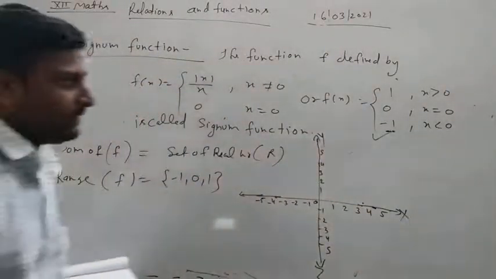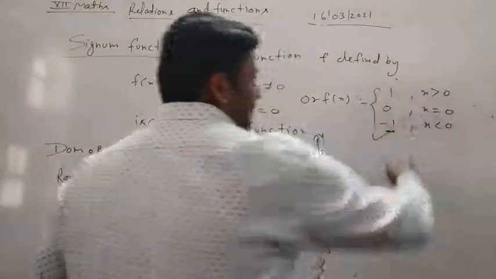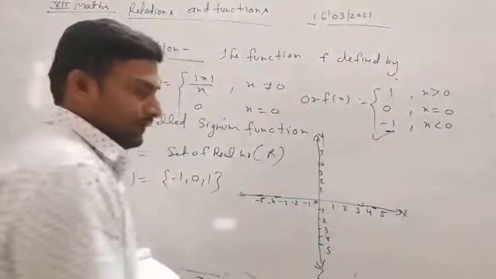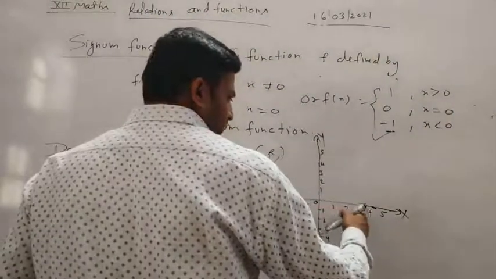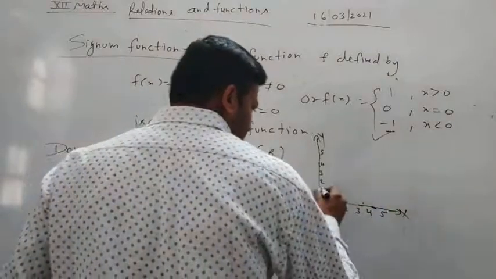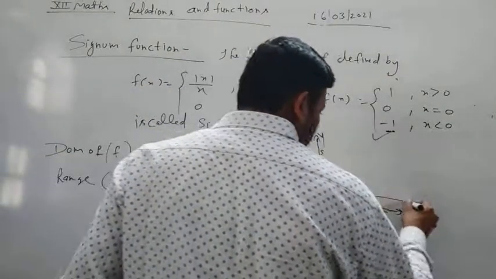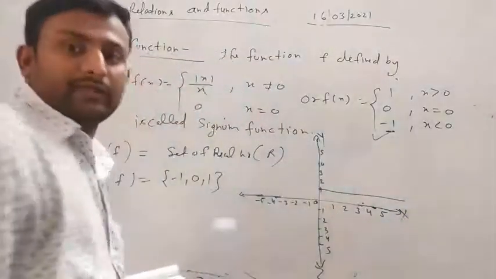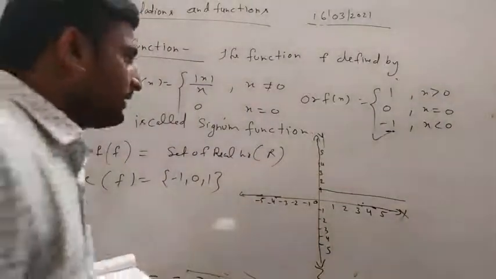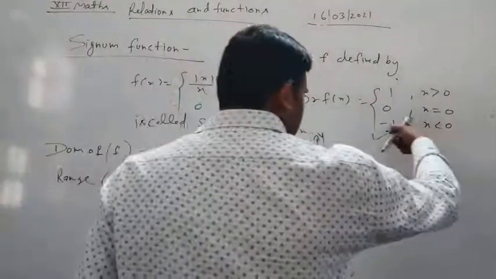So we see that when x is greater than 0, the value is always 1. So for 1, 2, 3, 4, 5, 6, it is always 1, parallel to the x axis. And when x is less than 0, it is always minus 1.